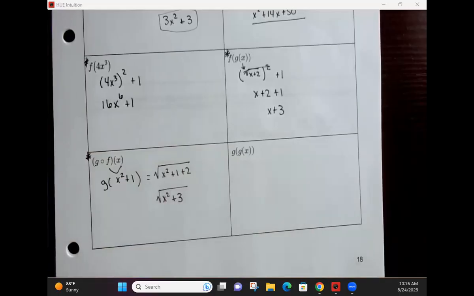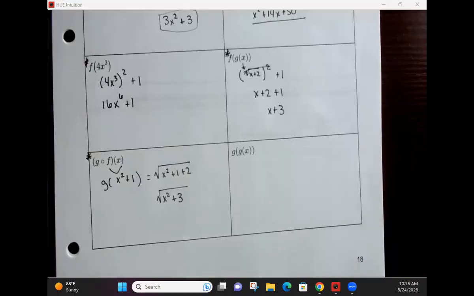Can I simplify this to x plus the square root of 3? No. I'm adding here, so I cannot separate these out into separate roots. If it were 3 times x squared, all under a square root, then we could break them up. But since we're adding under that root, we cannot separate these. Questions for me so far?